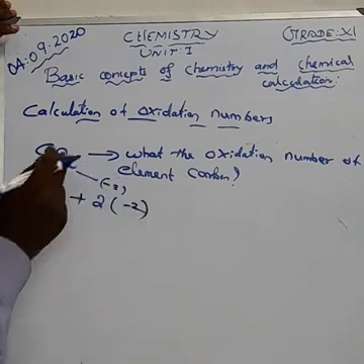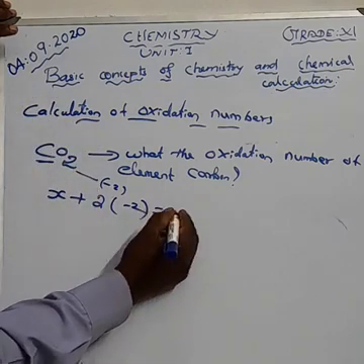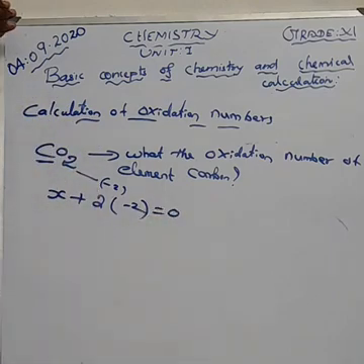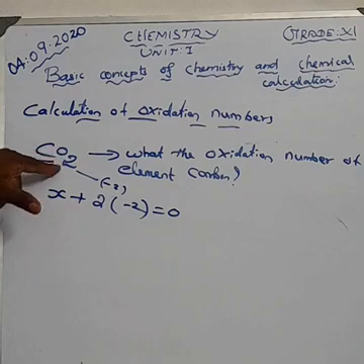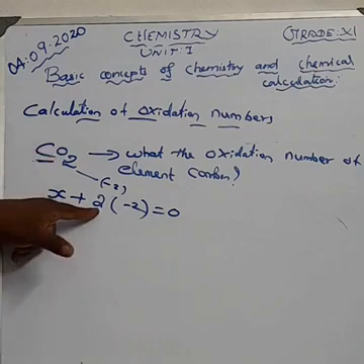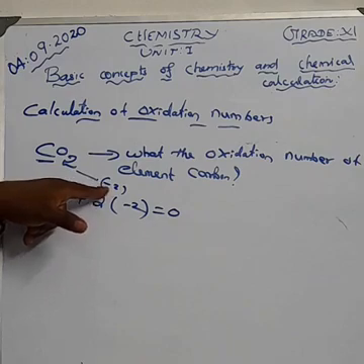Here there is no charge. In this compound there is no charge, so it is taken as 0. Which element you want to find out, that element should be taken as X. So carbon I take as X. Having 2 oxygen, so I take 2. Oxidation number of oxygen is -2; that should be learned by heart.